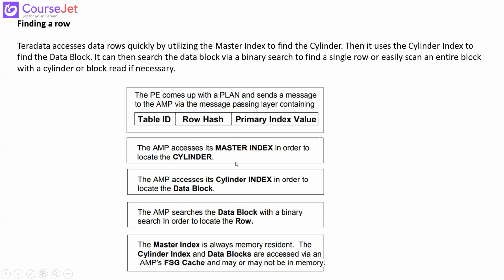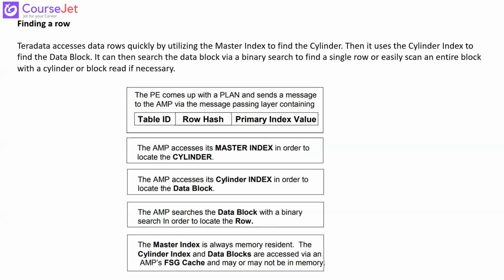With that, it finds the cylinder, then the AMP accesses its cylinder index and finds which data block it is. Then the AMP searches the data block with a binary search in order to locate the row.